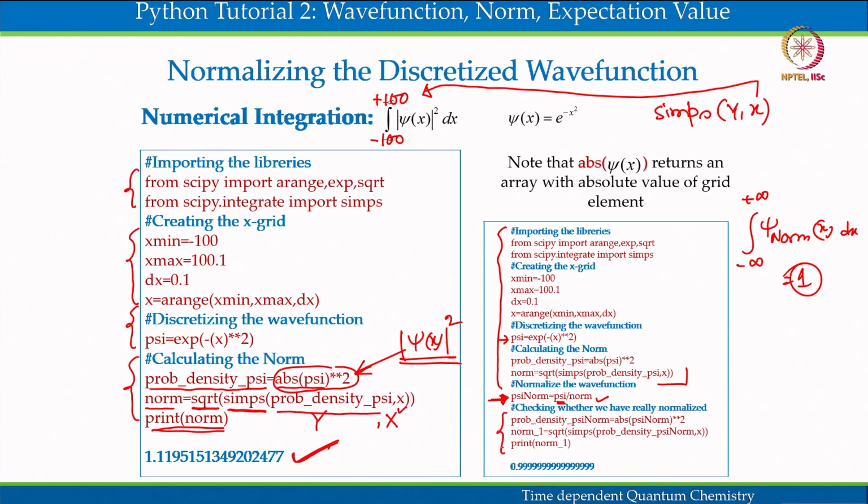So these 3 steps have been written to recheck. We again take the probability density, then the integration, and the square root of that integration is going to be the norm, and I'm going to print norm. So we'll move to the laptop.